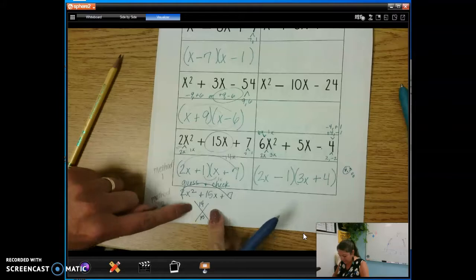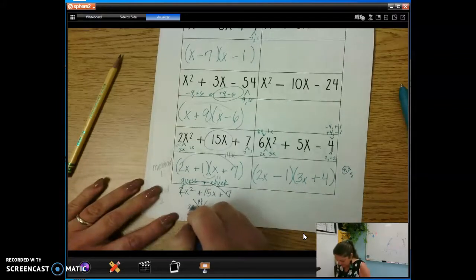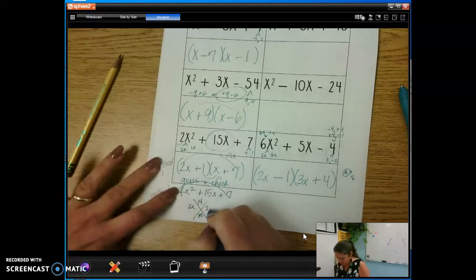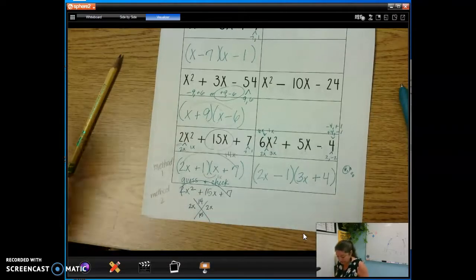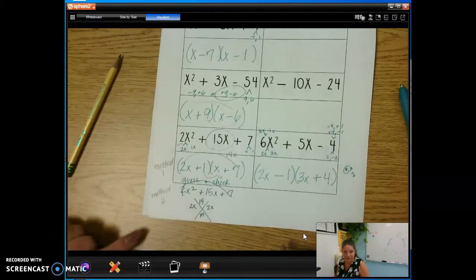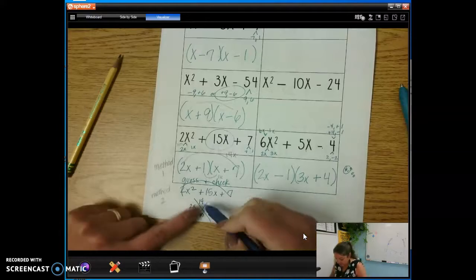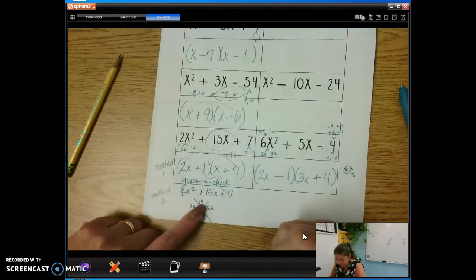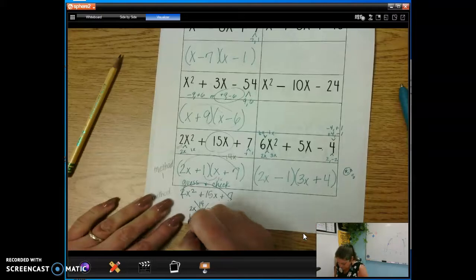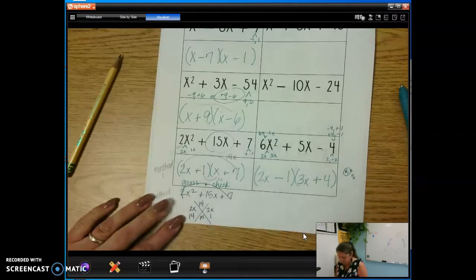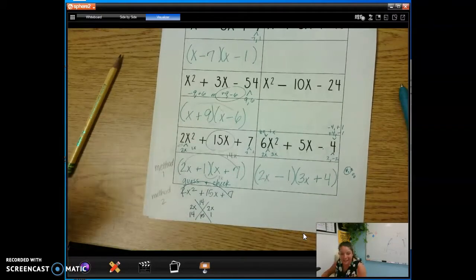Then over on the sides, just to help me get it set up, I'm going to put my 2x in each one of these, okay? And you're not splitting it up to 2x and 1x. You write 2x and 2x, okay? Now you start going. So what two numbers multiply to give you 14 that give you 15? Those numbers are 14 and 1. And then check this out.